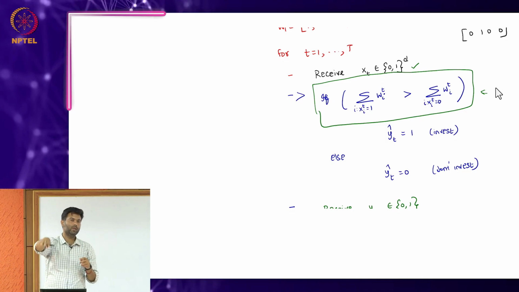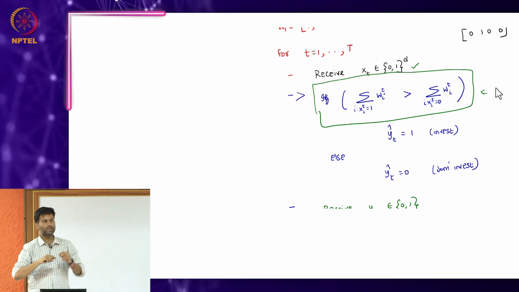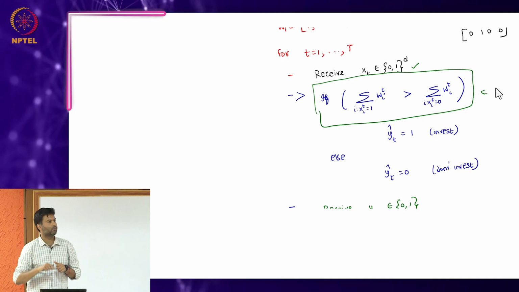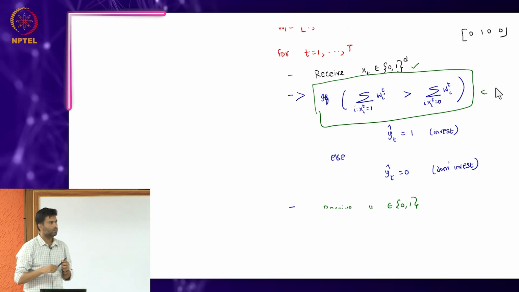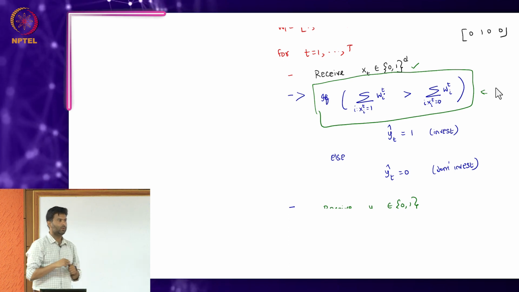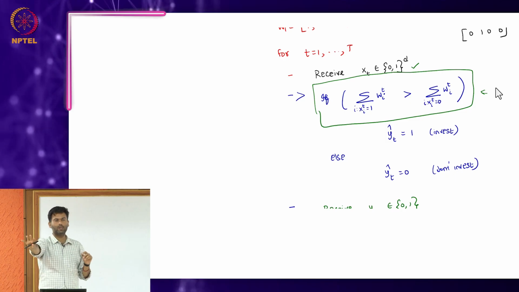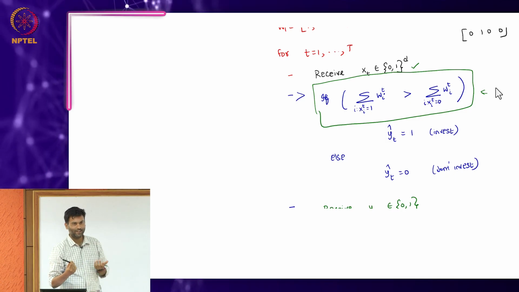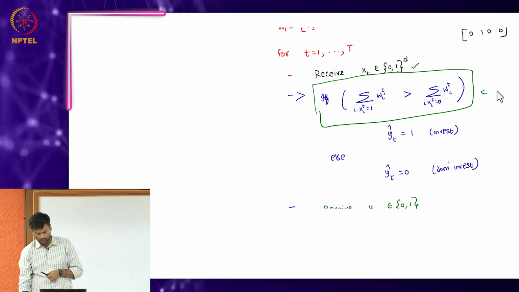I want to believe them only proportional to the weight that they have, which means that I have to toss a coin, but what is the probability with which this coin will say yes? So tell me a number for this particular case, 10 and 20. What is the chance that I will go with the 20 group? 2 by 3 is correct. How did you come up with that? That's what I'm asking.